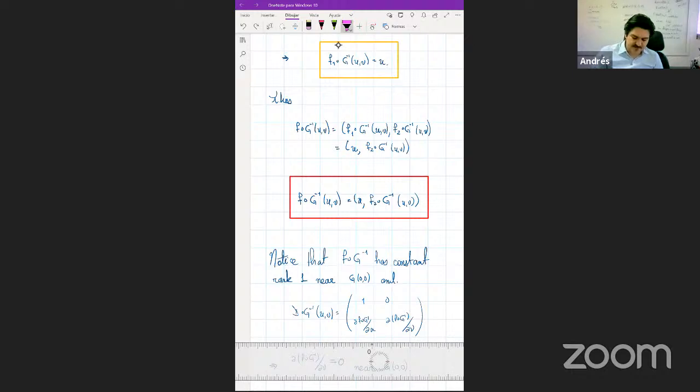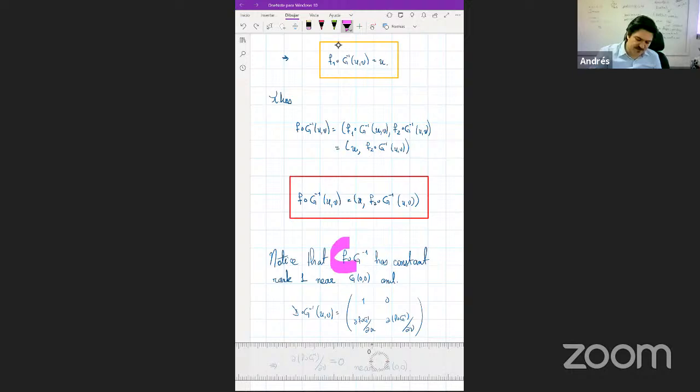Now, G is a diffeomorphism. So the differential is a linear map, which is non-singular. On the other side, F, we said it has rank 1.